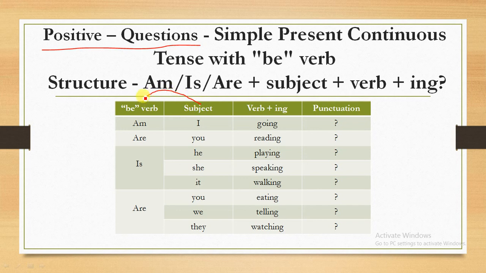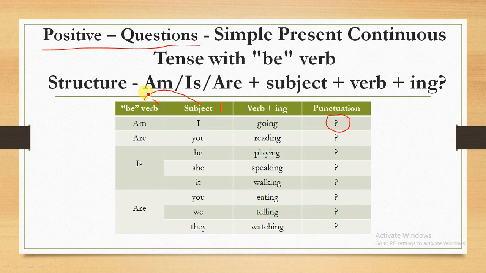In earlier slides we saw the subject comes first, then the be verb. But when we want to ask a question to someone, we need to just replace the subject with the be verb. So the be verb will come first and the subject will go to the second place, right?